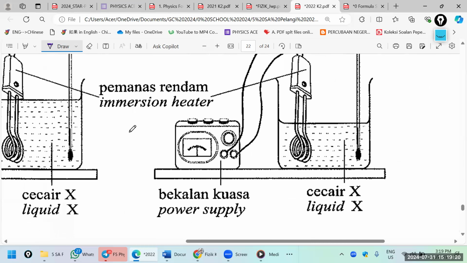The answer is the same. Initial temperature is the same, but because the diagram is wrong, one is longer than another. So if you use a ruler to measure, we also accept it because the diagram is wrong. Understand?